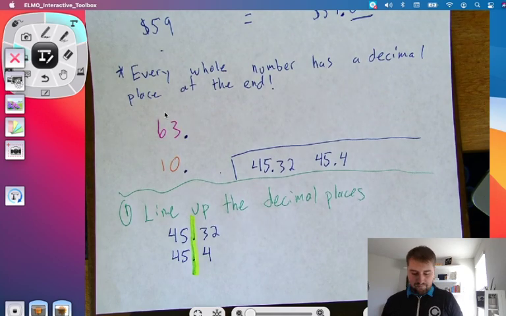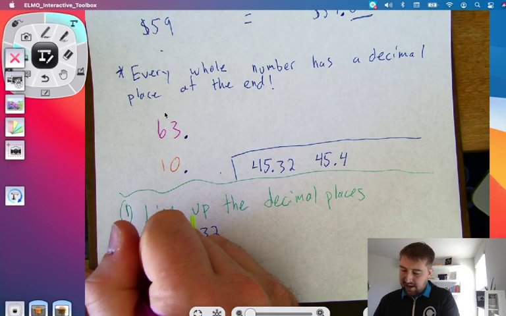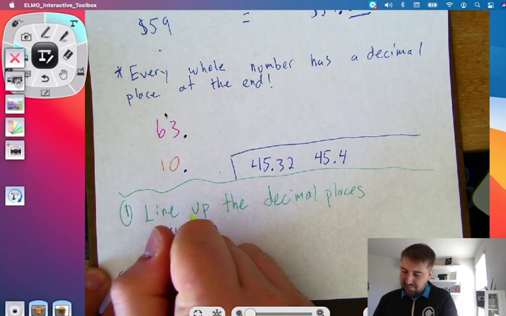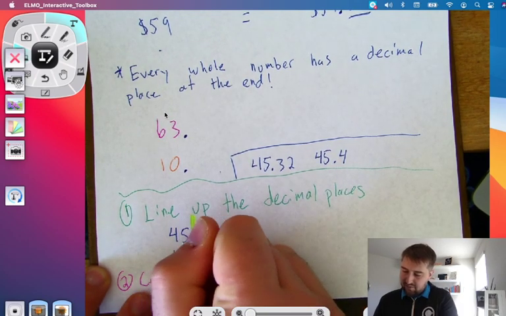So our second step is to compare each place working from left to right. So compare each place value working from left to right.